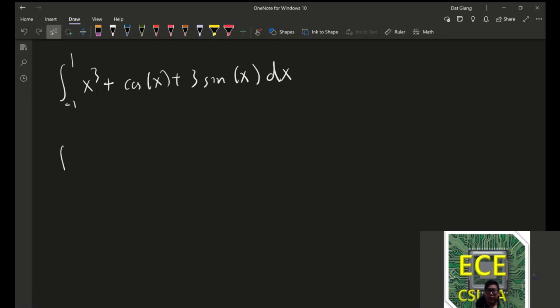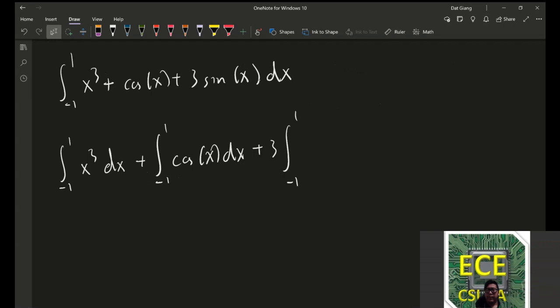So another way to say this is the integral from negative 1 to 1 of x cubed dx plus the integral from negative 1 to 1 of cosine of x dx plus 3 is a constant with respect to dx, so we can pull it out. The integral from negative 1 to 1 of sine of x dx.